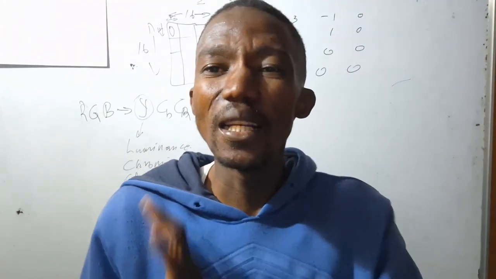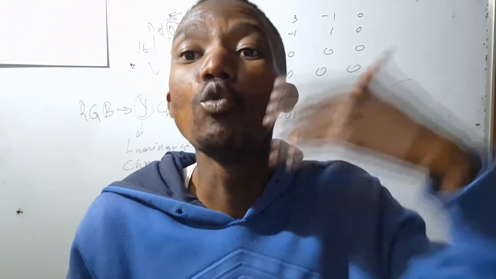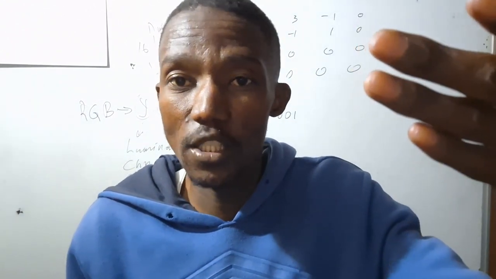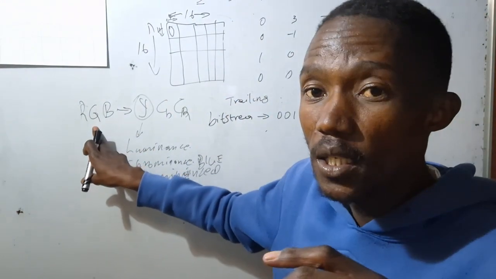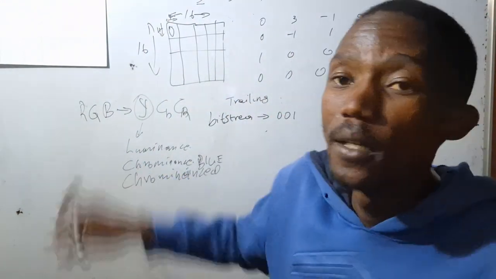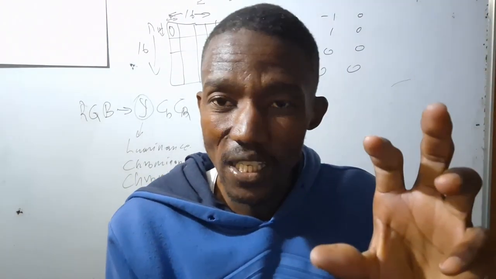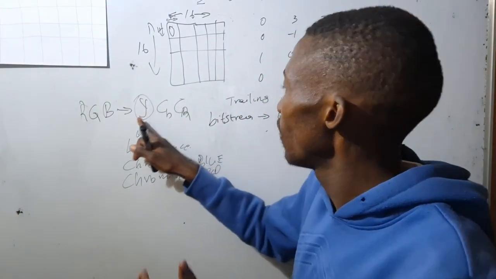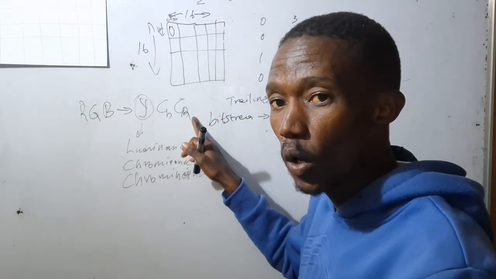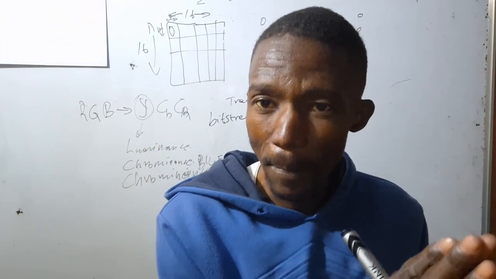Does that make sense? So when we capture an image in this format and want to store it in our phone, software inside the phone converts it into YCbCr, and then it deals with these three components separately.